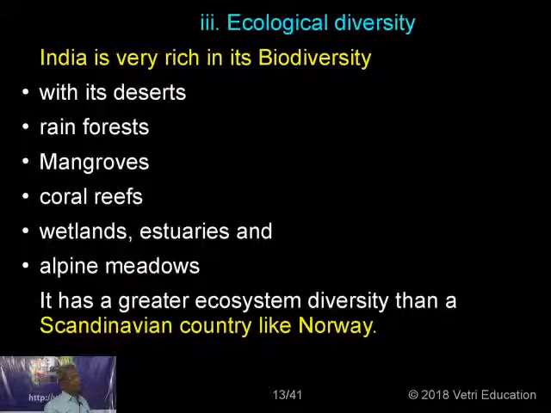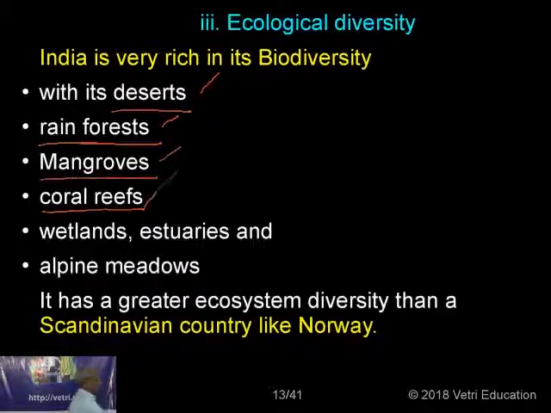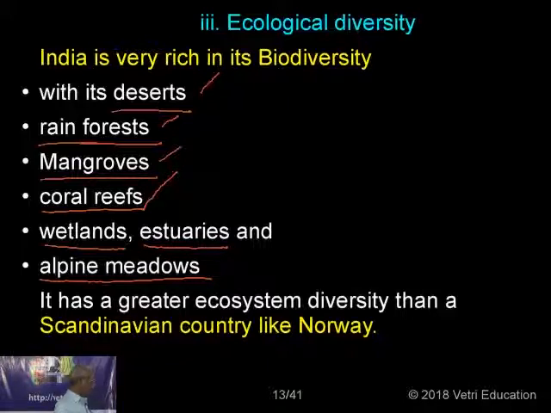Now we are going to the third type of diversity. First, I discussed genetic diversity. Then I discussed species diversity. Now I am going to what is called ecological diversity. India is very rich in its biodiversity with its deserts, forests, rainforests, mangroves, coral reefs, wetlands, estuaries, and alpine meadows. It has greater ecosystem diversity than a Scandinavian country like Norway.